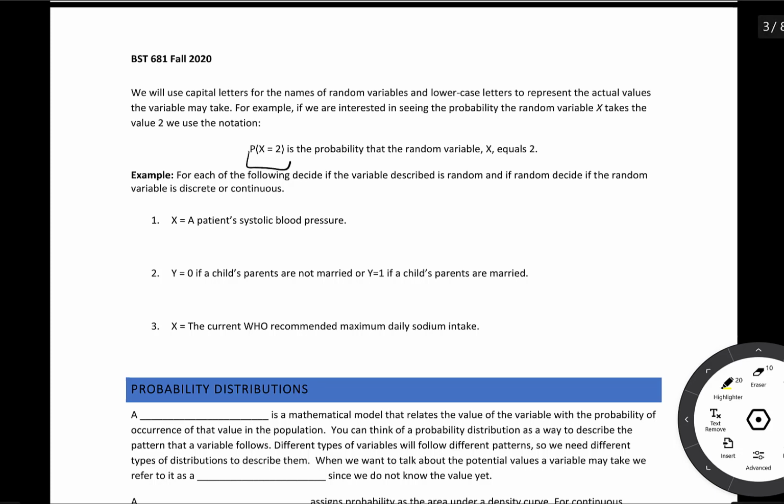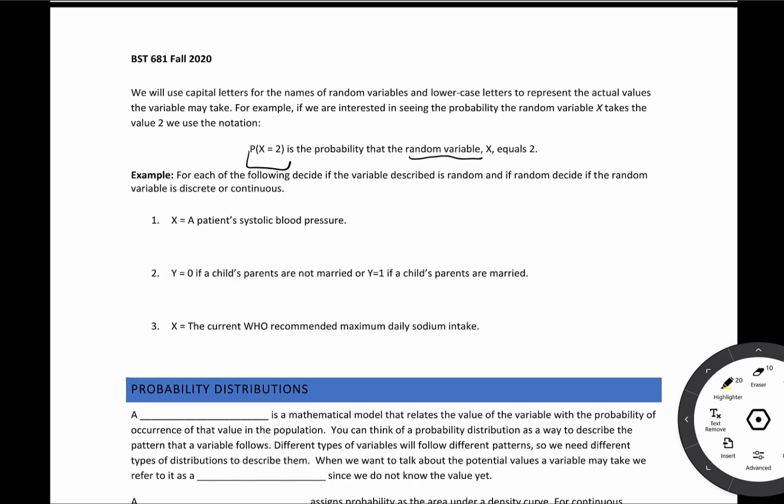So this reads, the probability that the random variable X equals 2. So this random variable piece right here in the sentence, that piece is in there because X is capitalized. If x were lowercase, we wouldn't have that piece of the sentence.